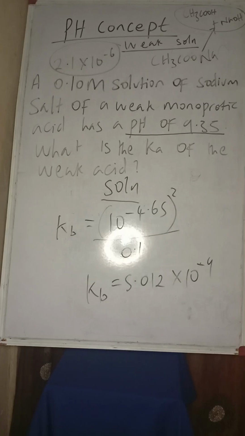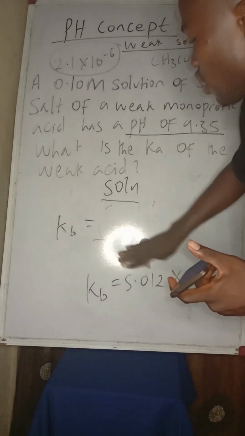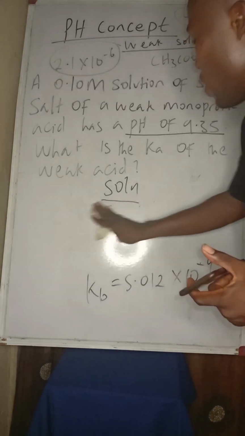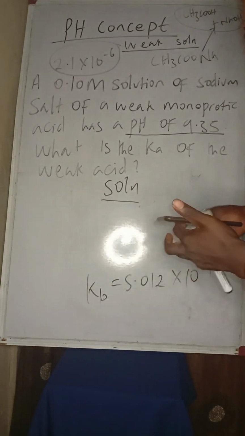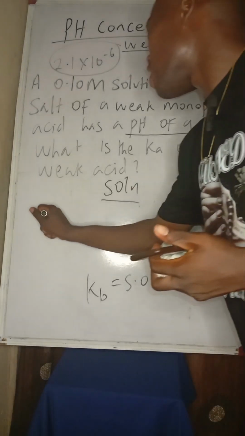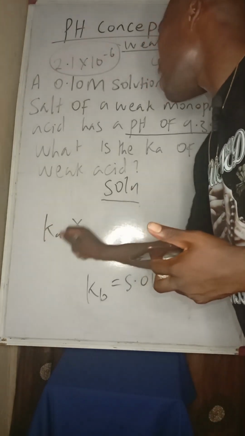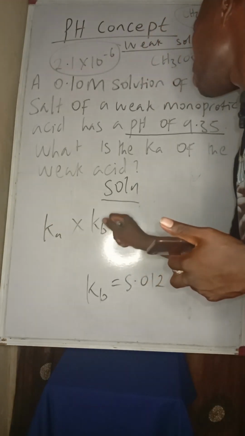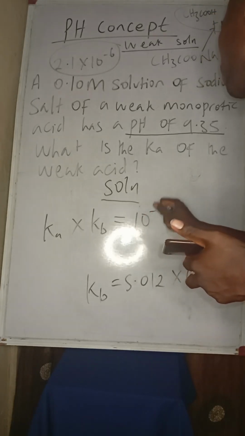So now I need to get my Ka. So I'm putting my Kb to be this. Due to space, I'm going to take it off. So what therefore is going to be my Ka? I can say Ka times Kb is equal to 10 raised to the power minus 14.